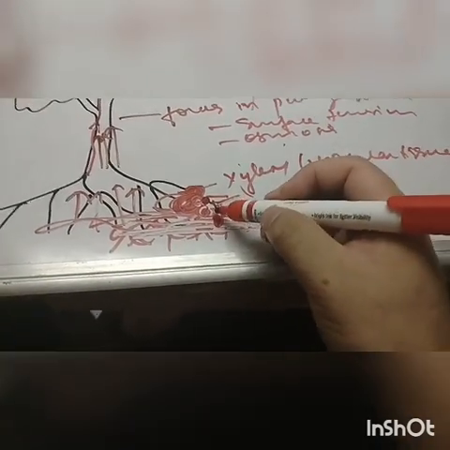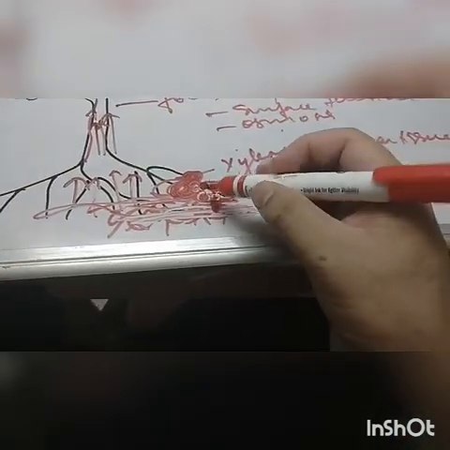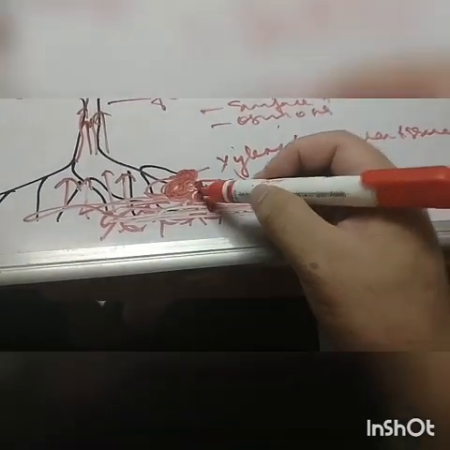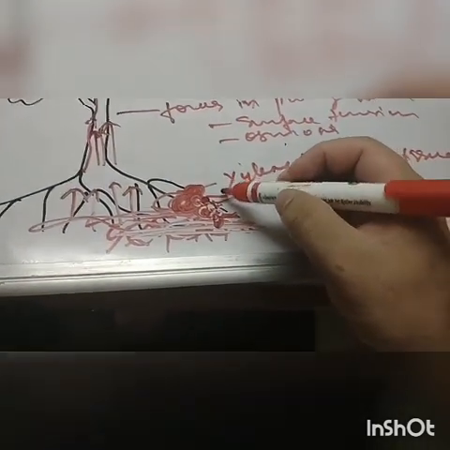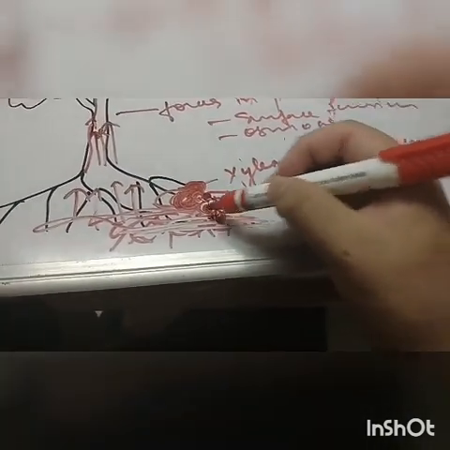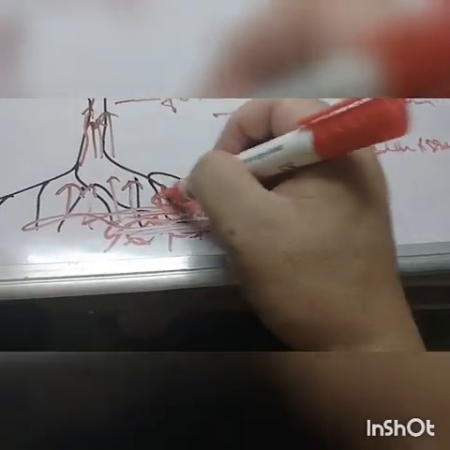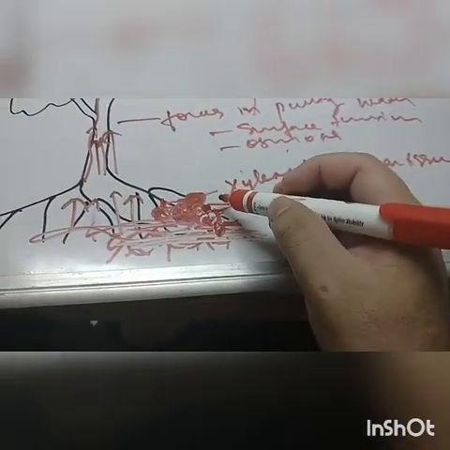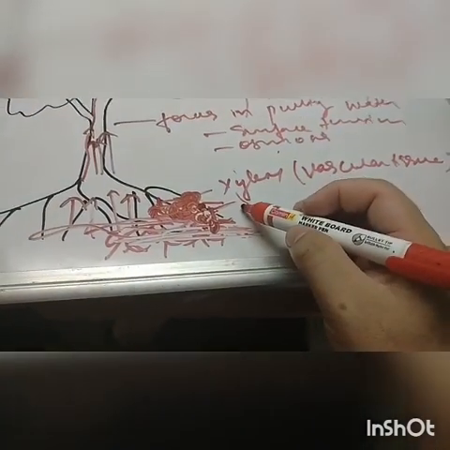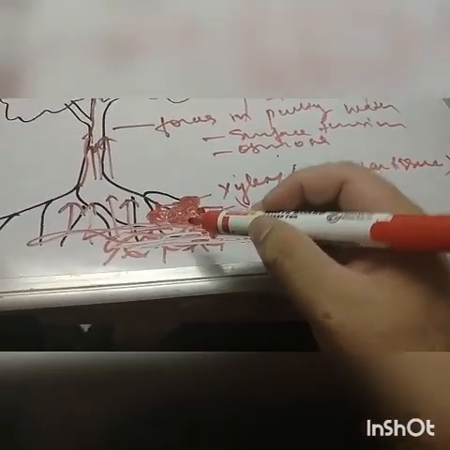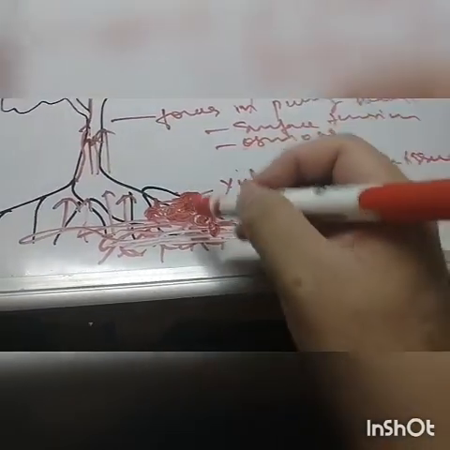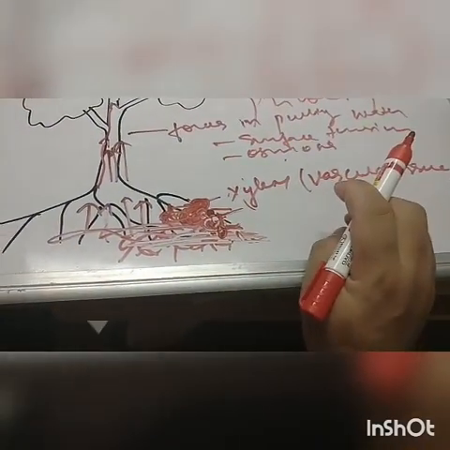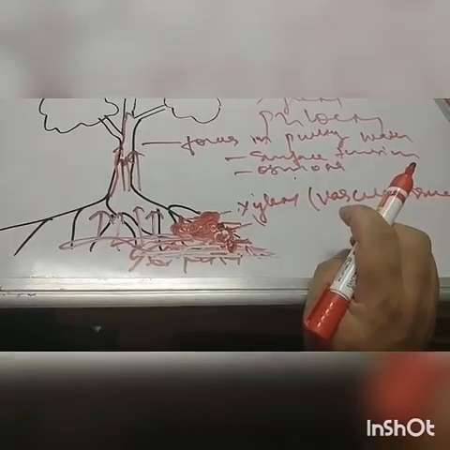Because of the pulling force, the water and the ions move towards the root from the soil, to eliminate the difference of ions present in the roots and the soil. I hope you're clear with this meaning.